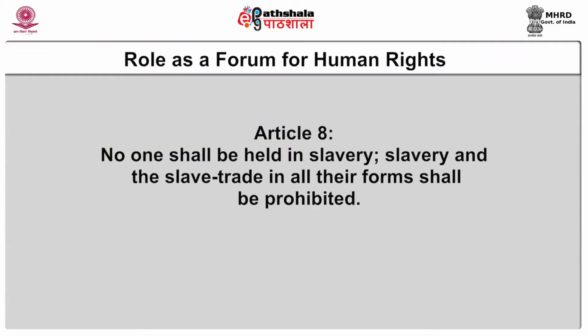It brought with it a separation of these rights into two groups: civil and political labour rights. These are protected by the ICCPR, under which Article 8 clearly states that, like any other article promoting human rights, no one shall be held in slavery; slavery and slave trade in all their forms must be prohibited.